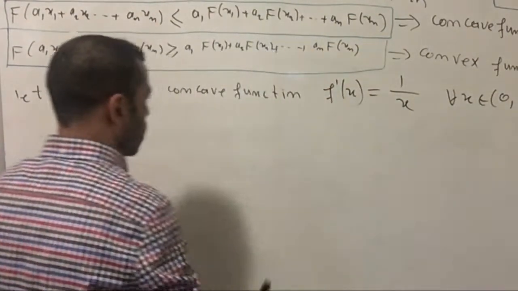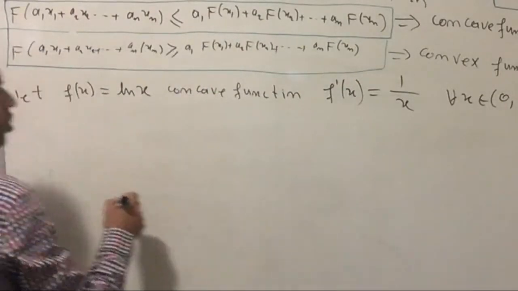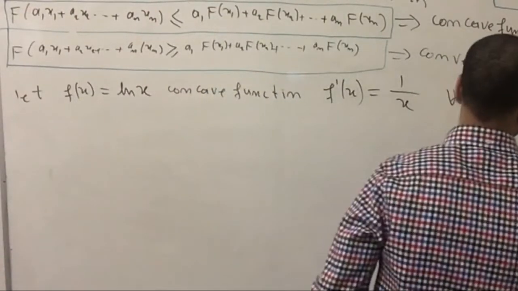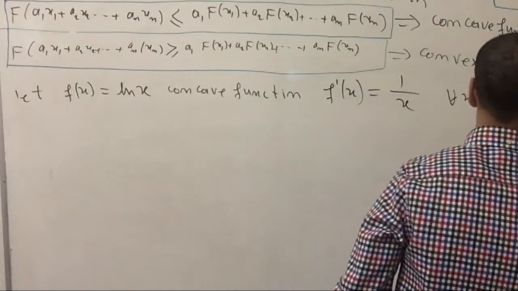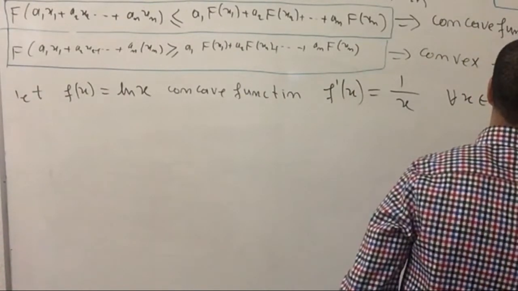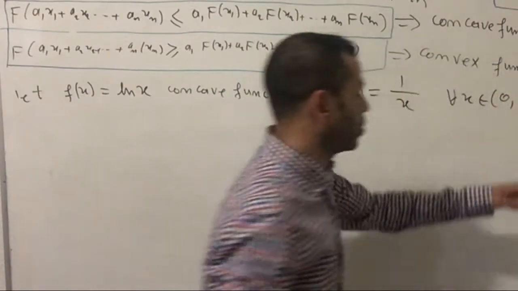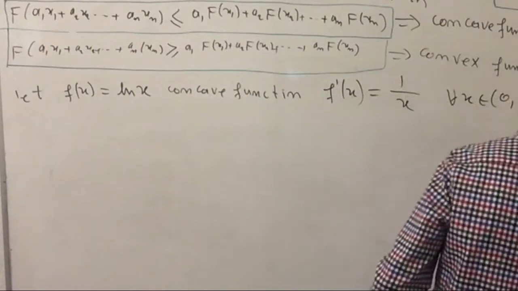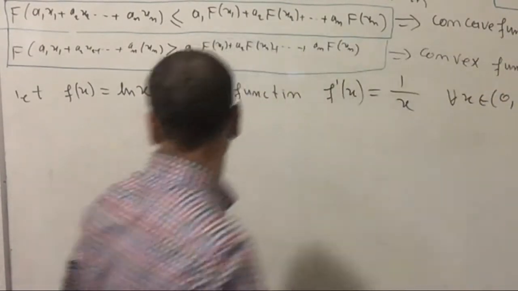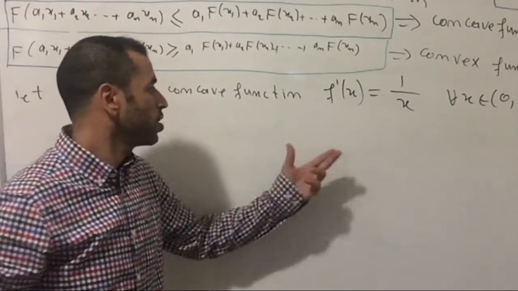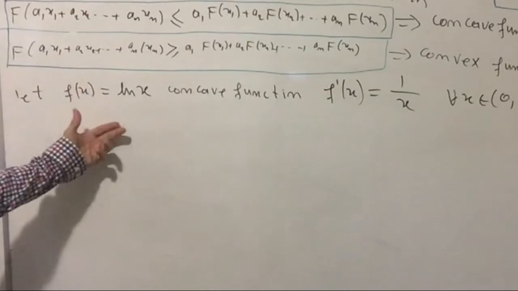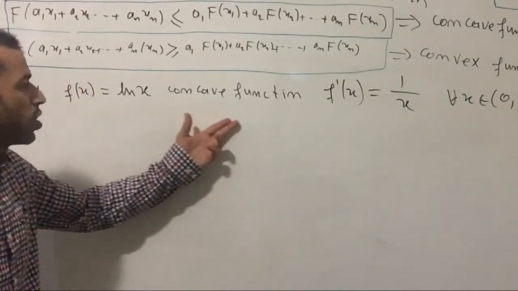Let's try the second derivative function. The second derivative function of this one is 1 over x squared. That means this is negative. So the two conditions of this theorem are satisfied. That means f of x is a concave function.